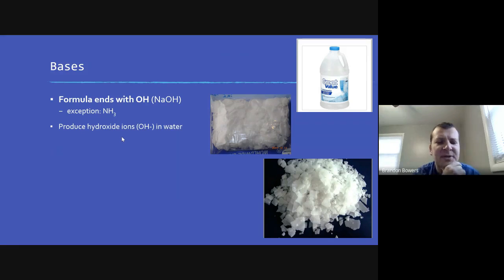Okay, so bases produce hydroxide ions. And the OH is hydroxide, right? And the third thing is the pH is above 7. Okay, the pH is above 7.